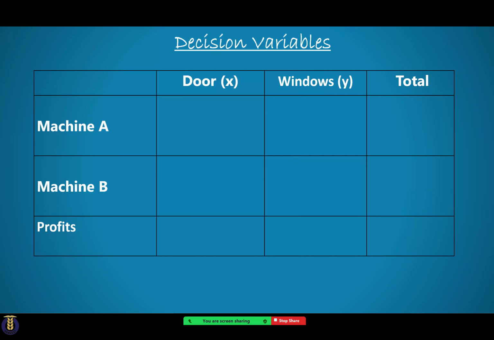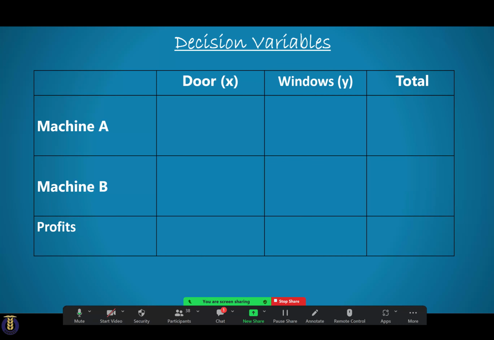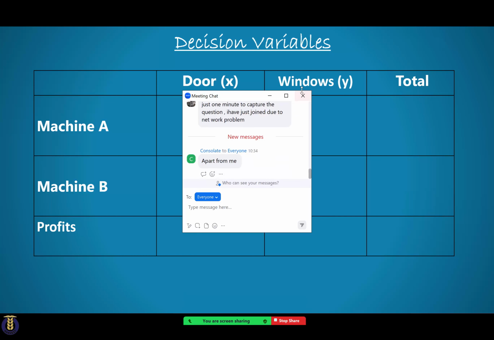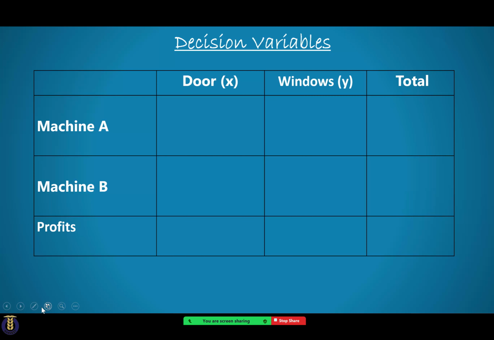But the first thing we do is to put down the decision variables. What are our decision variables? The items that we are looking at, the doors and the windows.